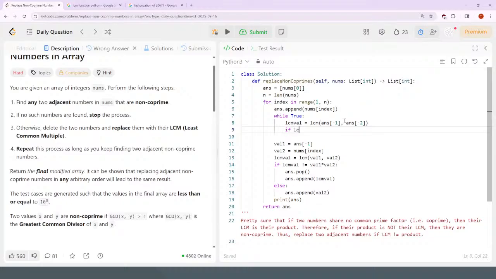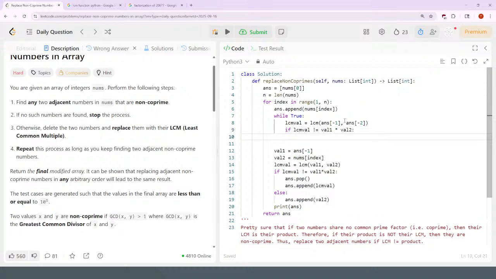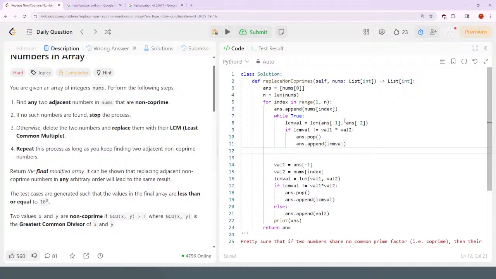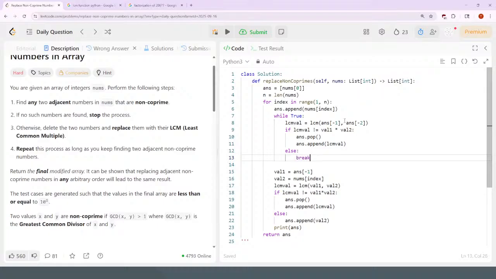If LCM value is not equal to value 1 times value 2, answer pops, answer append the LCM value, else break. So it keeps trying until it can't.